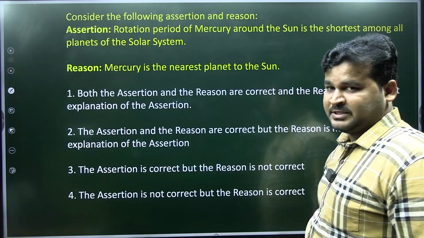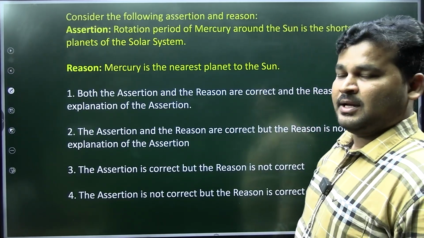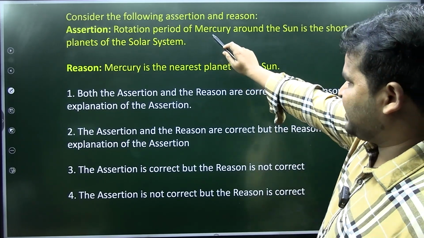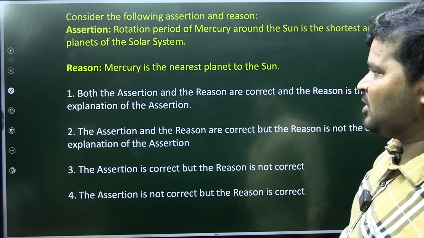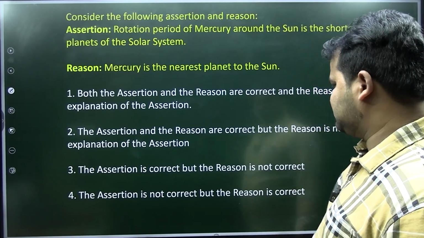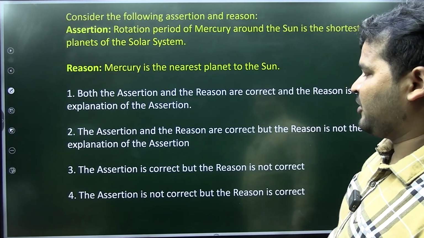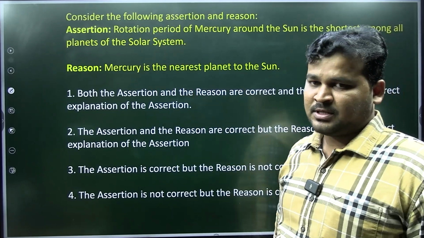Next one. Consider the following assertion and reason. Assertion: the period of revolution of Mercury around the Sun is the shortest among all planets of the solar system. He is asking which one is true, meaning whether the reason satisfies the assertion or not.